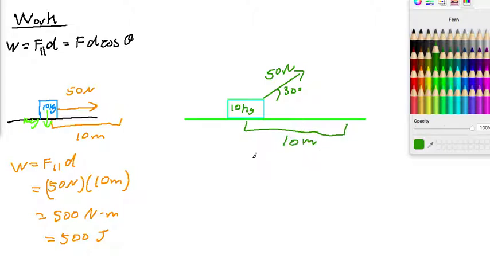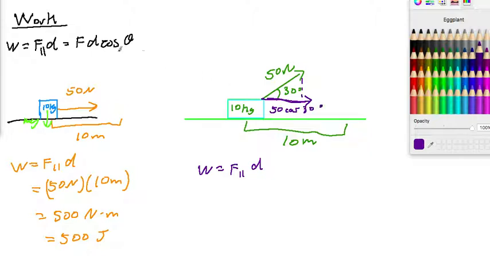So now, again, we're just going to plug in formulas. Work, we said, is equal to the force being applied on the object parallel to the moving distance. This makes a 30-degree angle with the surface. So remember, from vectors, we can break this down, and this turns out to be 50 cosine 30 degrees.